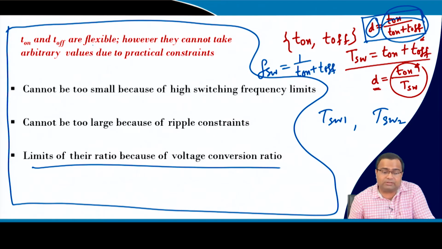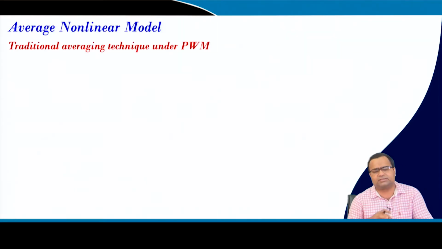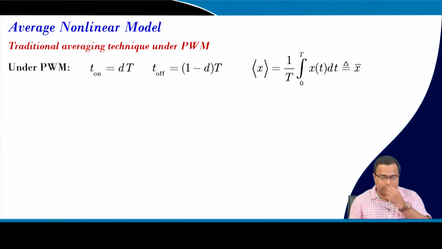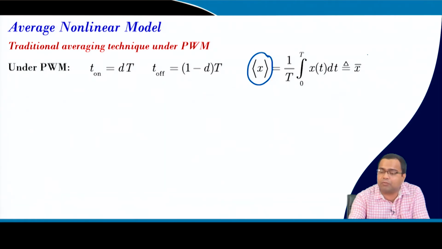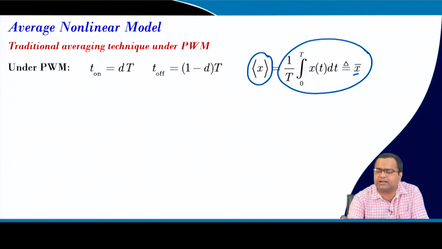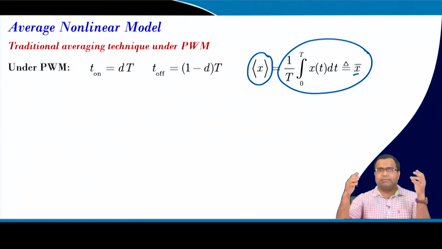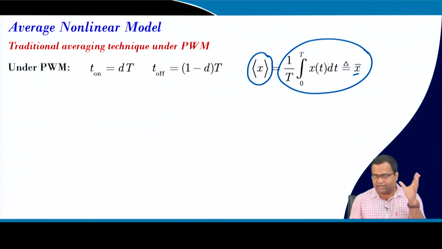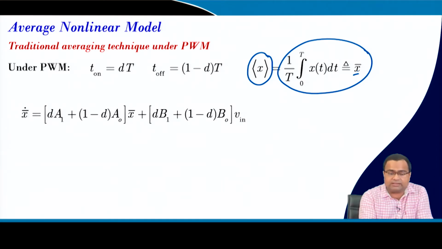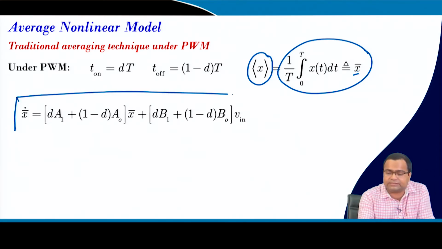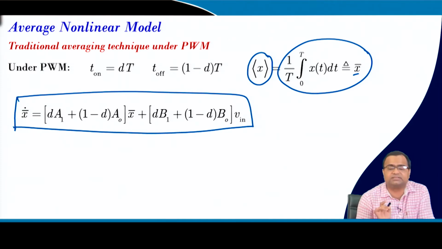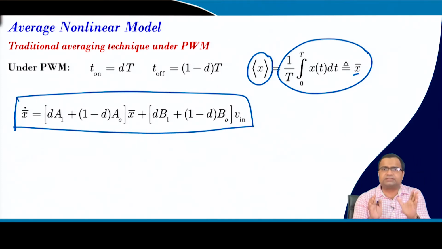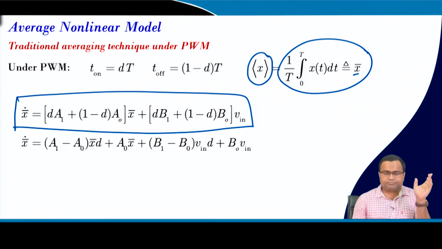Now, we are talking about the average dynamics, and we have discussed a lot of average models, state space averaging, circuit averaging, where we have considered the average quantity of anything over a time period, and we denoted this as x bar. It can be inductor current, output voltage, or a state variable. So, we can write the average dynamics of any DC-DC converter in terms of this. This is standard for PWM.